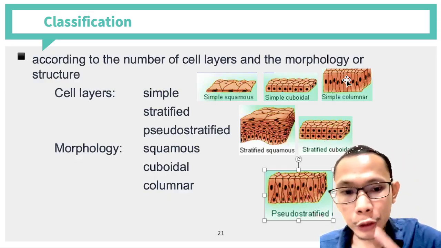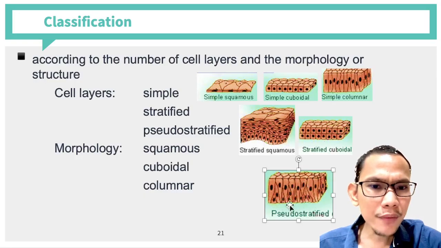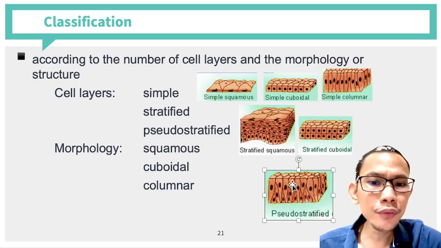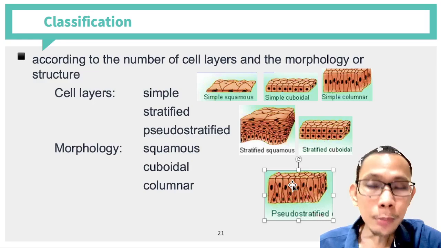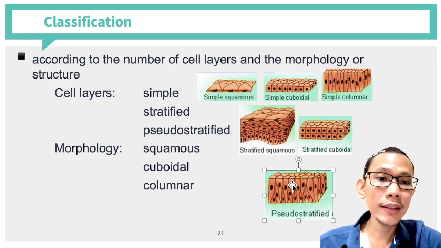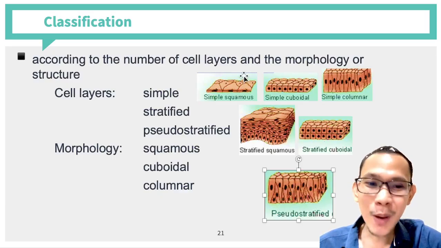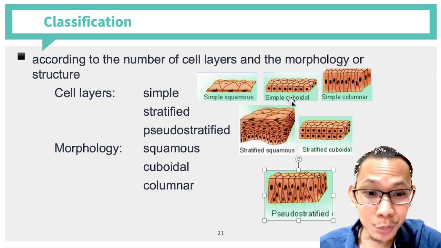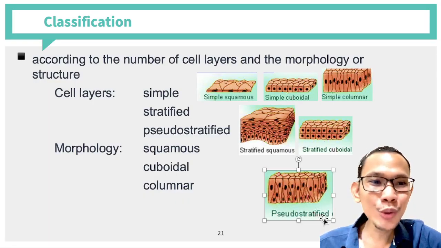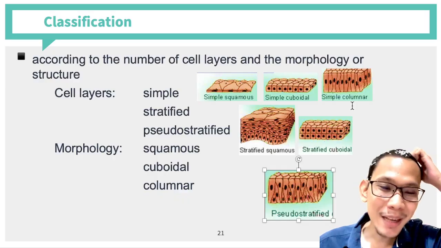Now, another clue. Remember, pseudo-stratified. Ano itong pseudo-stratified in terms of their morphology? Automatically, pseudo-stratified is columnar. Okay? Wala tayong pseudo-stratified na squamous, wala tayong pseudo-stratified na cuboidal. Please remember that, ha?